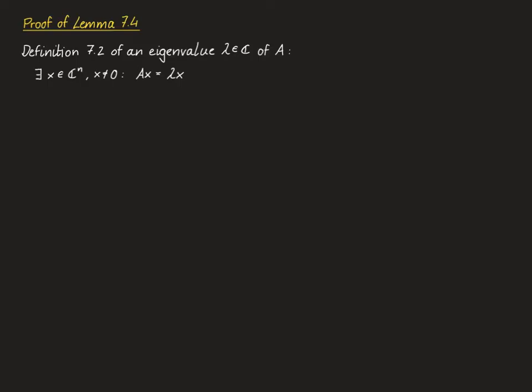What we want to show by lemma 7.4 is that the general definition 7.2 of eigenvalues and eigenvectors leads to the roots of the characteristic polynomial in case where the linear operator is given by a matrix. For the proof of lemma 7.4, we start with definition 7.2 of an eigenvalue lambda of the matrix A. It states that there must exist an eigenvector x in C^n with x not being equal to the 0 vector, such that Ax equals lambda x. By bringing Ax to the right-hand side of the equation, this is equivalent to there exists a vector x, x being non-zero, such that lambda x minus Ax, or in brackets (lambda I minus A) times x, equals 0.